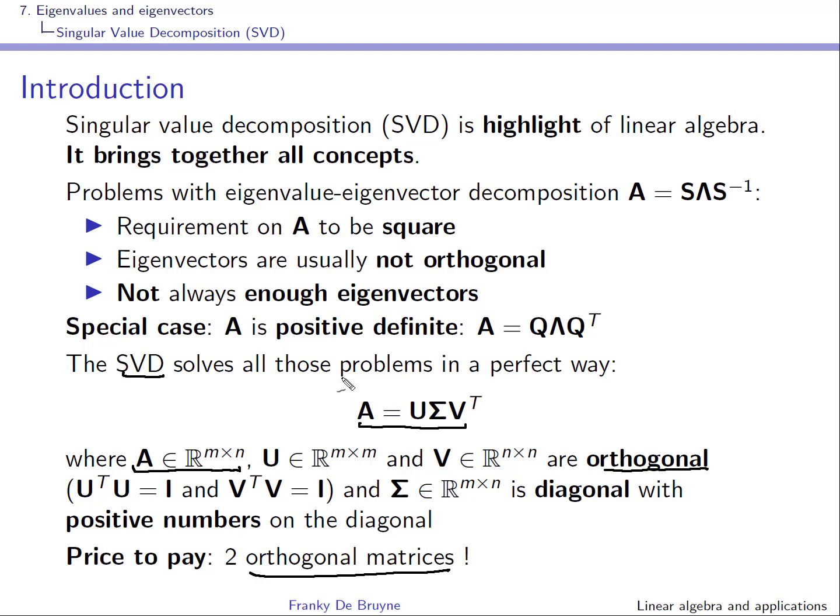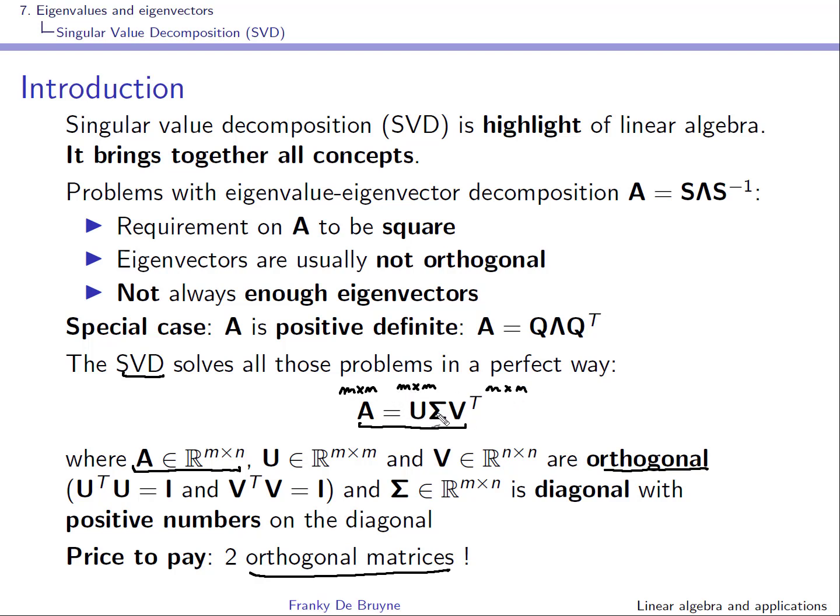So let us look at the dimensions of these orthogonal matrices. A is m times n, U must be m times m. We're talking about orthogonal matrices, so they must be square, and so V must be n times n. When we take the overall product, we want m rows and n columns, so we need an n over here and an m over here.